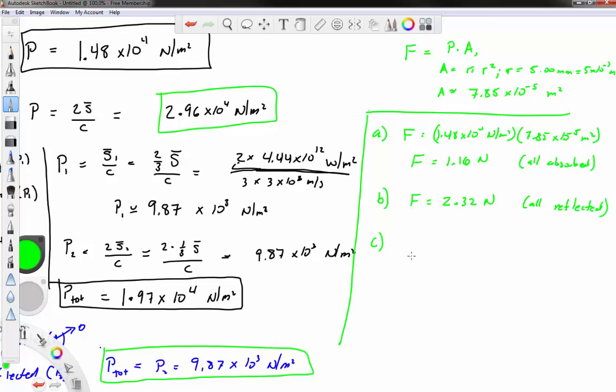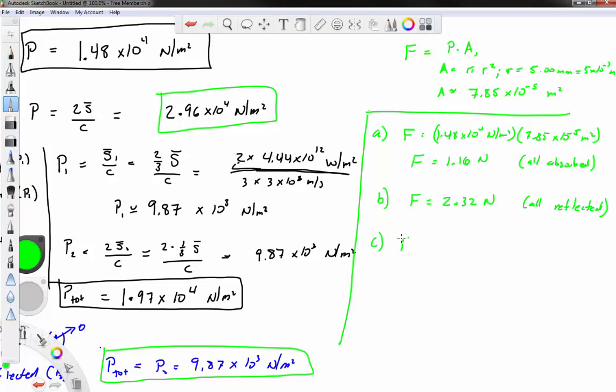In case C, we had this one in which you got 1.97 times 10 to the 4. So 1.97 times 7.85 gives us 15.46, and that's times 10 to the 4 times 10 to the minus 5.